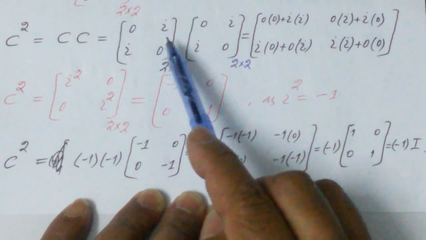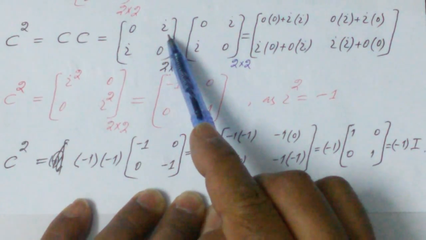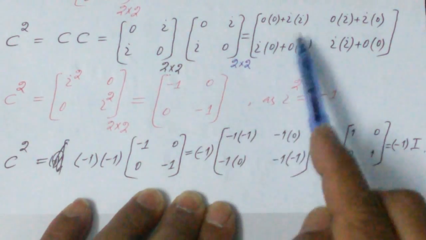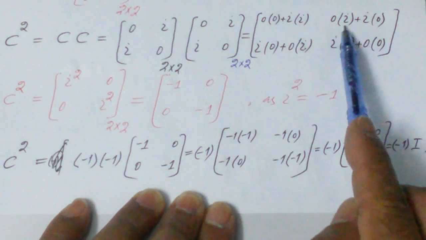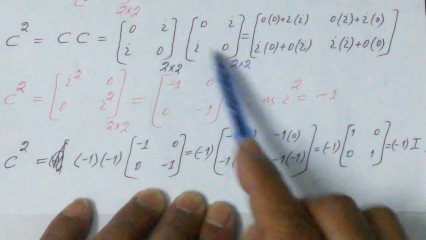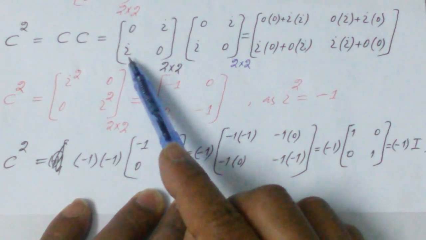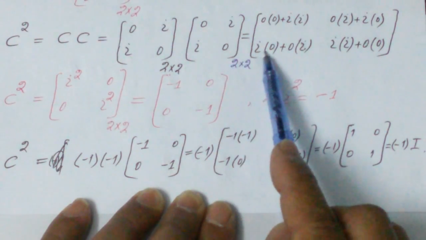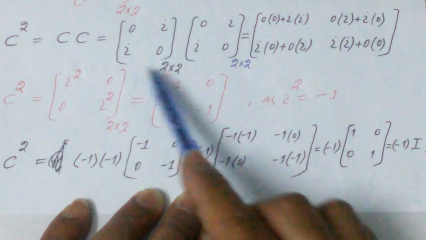Multiply the first matrix with the second. Multiply the first row with first column, 0 multiplied by 0 plus iota multiplied by iota, 0 multiplied by iota plus iota multiplied by 0. Multiply the second row with first column, iota multiplied by 0 plus 0 multiplied by iota.